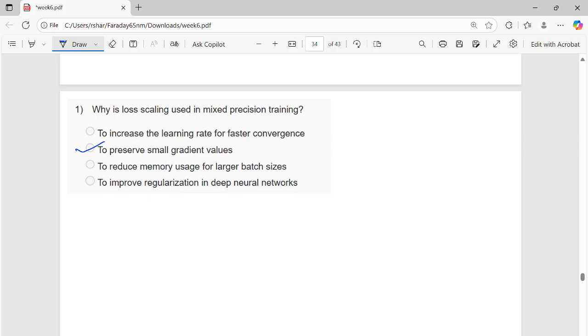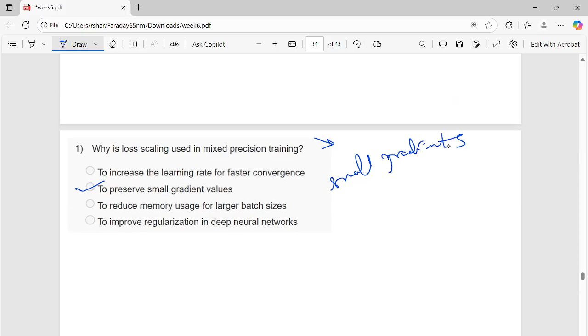However, in float16 we have a limited dynamic range, which can cause very small gradients to underflow to zero. Effectively, these smaller gradients will disappear during backpropagation. So loss scaling is a technique used to prevent this. And what is loss scaling?